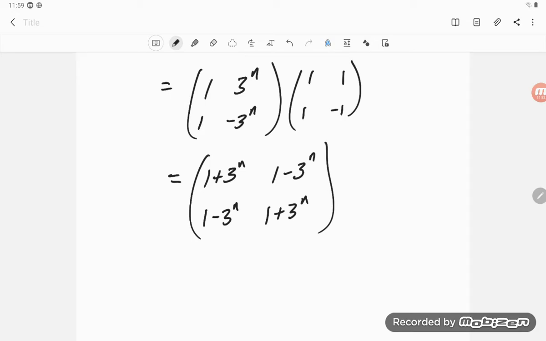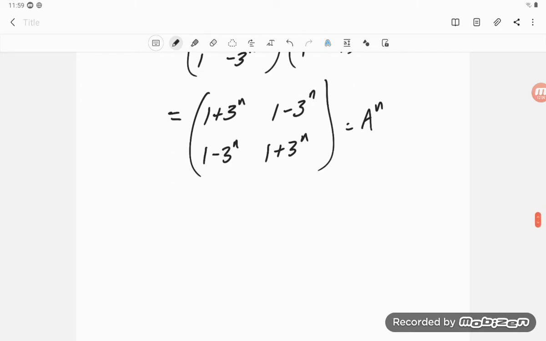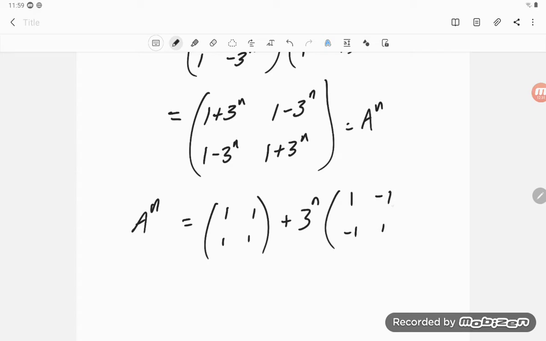Okay, well, I'm back, and the textbook appears to be incorrect. So this is indeed A to the n here. There should not be a 1/2 out in front of it. But that means we could then also write this as the matrix 1, 1, 1, 1 plus 3 to the n times the matrix 1, negative 1, negative 1, 1.